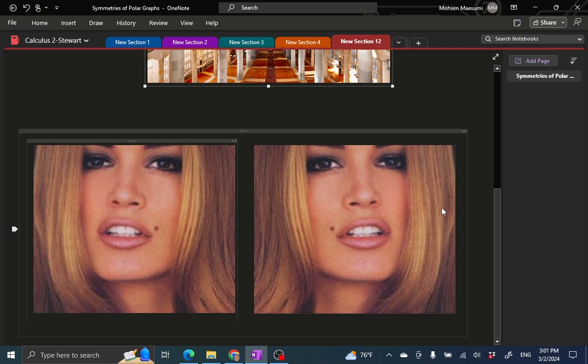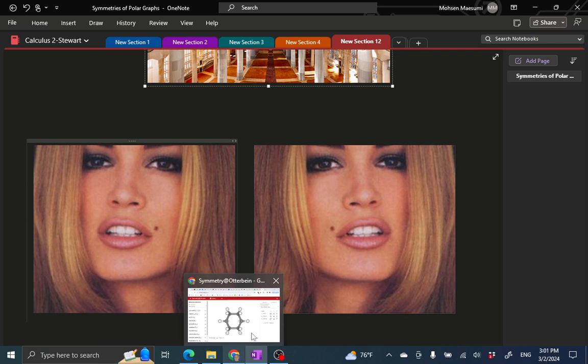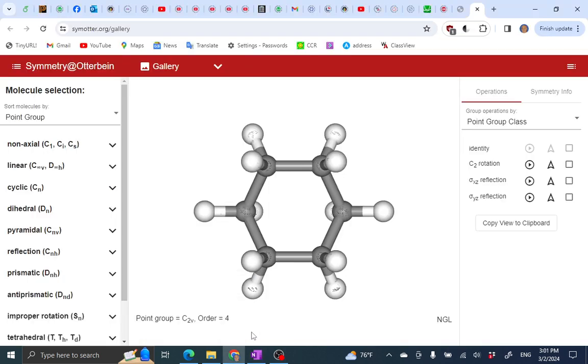Aside from those exotic applications, there are many other cases where symmetry becomes crucial in the sciences. Let me go ahead and take a little tour here. This particular website is dedicated to the issue of symmetry in molecular compounds.